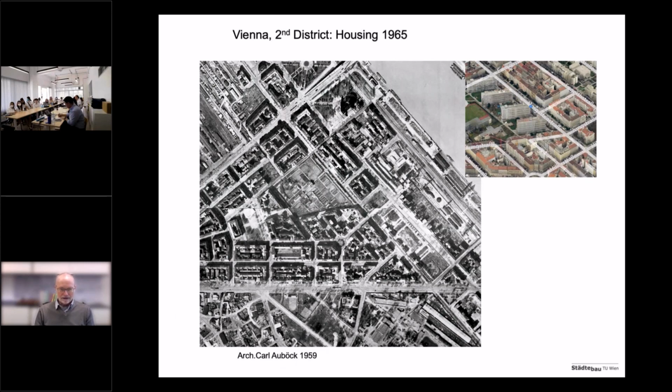After the Second World War, besides the social housing program that continued, the city also faced a lot of damage from the attacks of the Allied forces against the Nazi regime, and therefore about 60% of the housing stock in Vienna had been demolished or damaged.